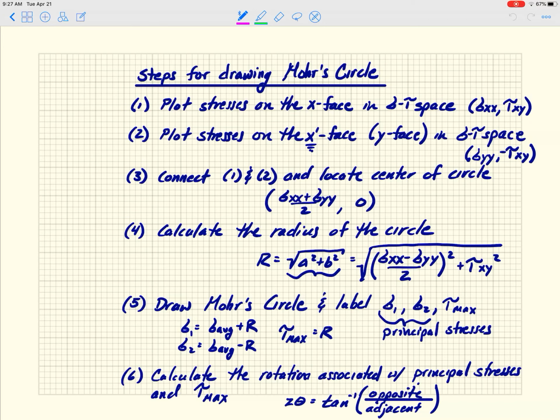They're just sigma average plus r, and sigma average minus r. And tau max is always equal to the radius, at which point I can calculate the angle of rotation I need to go through in order to orient my cube in the directions of the principal stresses.